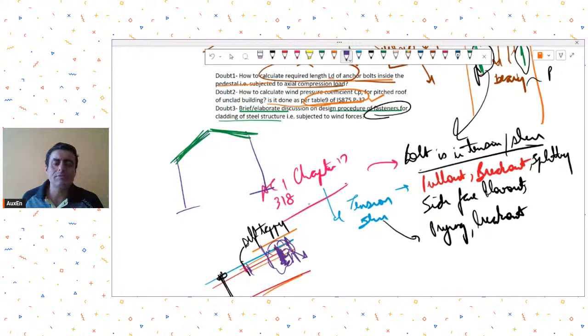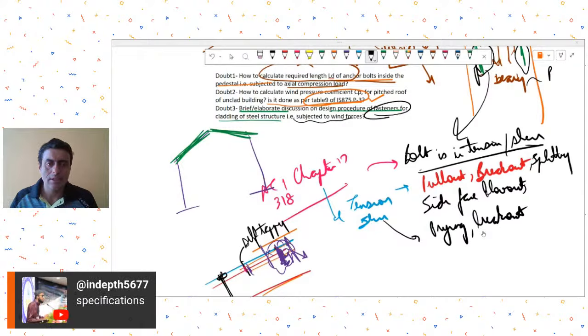Generally you will see engineers not doing it because the spacing that we usually provide is sufficient to take the expected wind forces. But I do agree that design should be performed for critical actions.